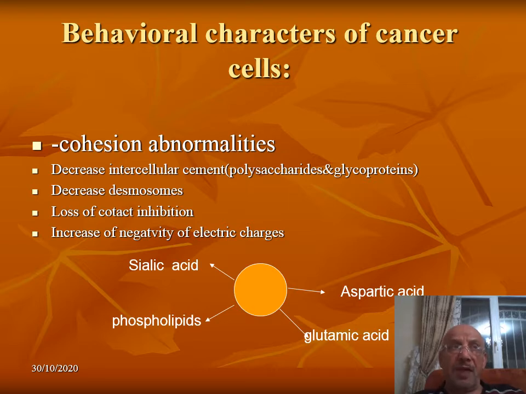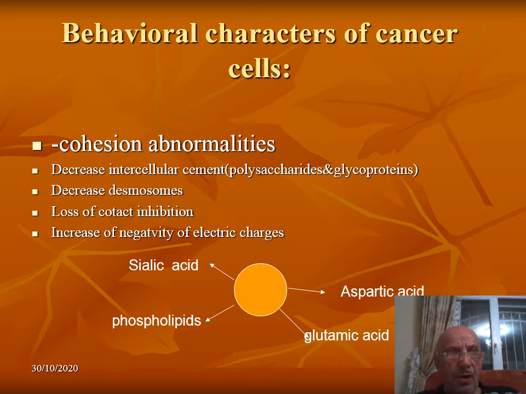But in malignancy, usually the cells are repelling each other and are not strongly bonded with the other cells. This will facilitate some of these cells escaping from the site of the tumor and going to distant metastasis. This cohesion abnormality is due to a decrease in the intercellular cement, which is composed of polysaccharides and glycoproteins, and a decrease in the number and function of desmosomes.